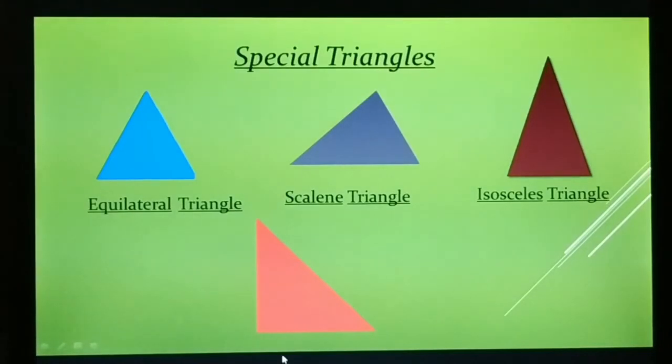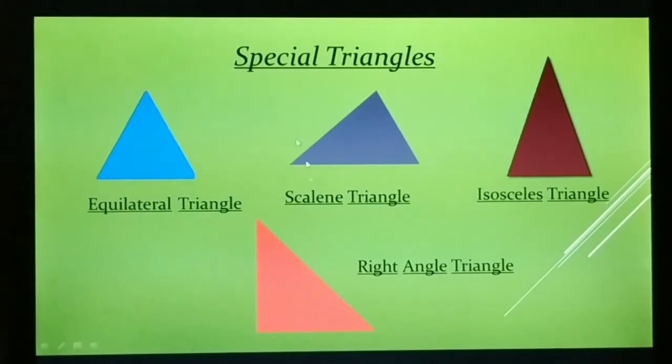It does not matter if its length is small or big, but what matters is that this type of triangle has one angle of 90 degrees, and it is not important that it be written as 90 degrees, but a small box can also be drawn at its side. So this type of triangle is known as the right angle triangle.